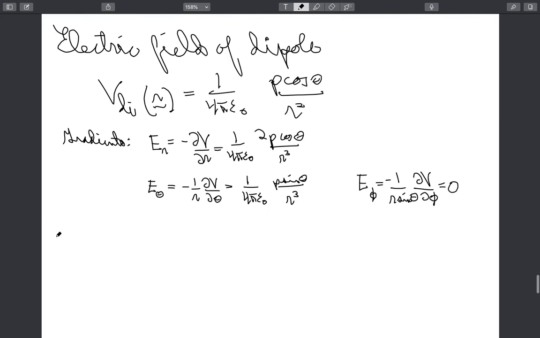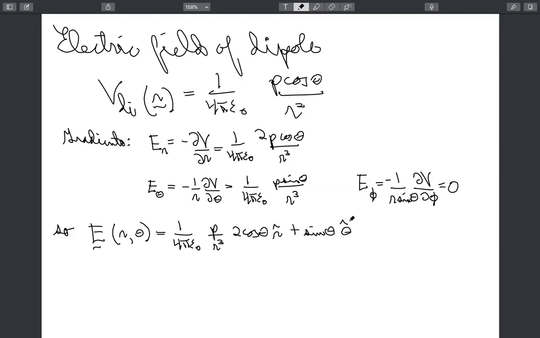Okay, so what we get is that the electric field coming from a dipole, if we're sitting at coordinates r, theta in spherical coordinates, is just 1 over 4 pi epsilon 0 p over r cubed with 2 cos theta r hat plus sine theta theta hat.